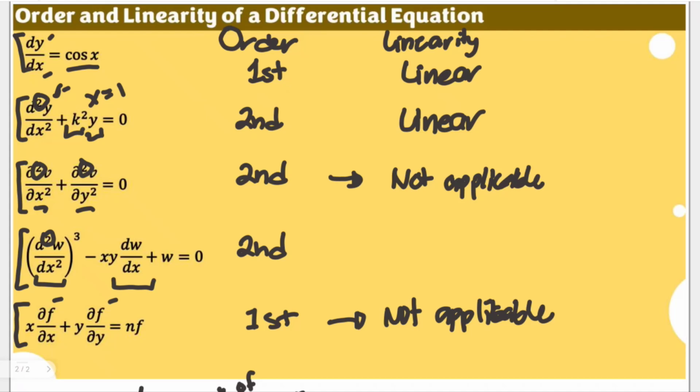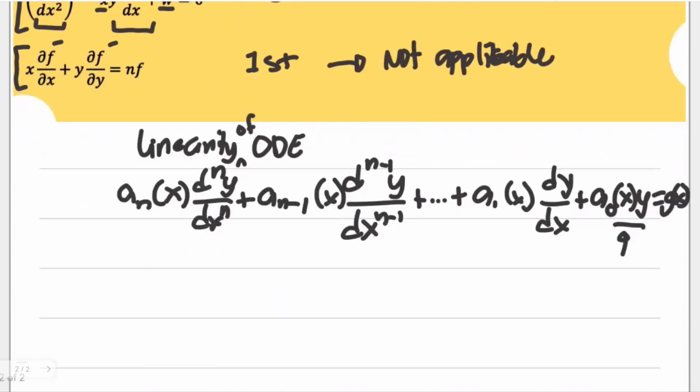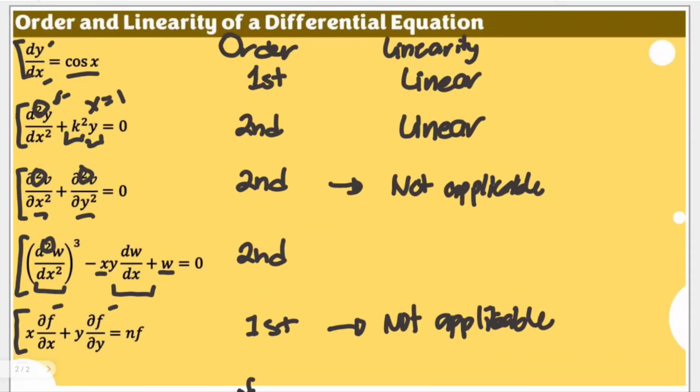So it's still linear. The third one would probably follow the same concept, and since we have x and y, you can take y as your parameter for this case, and you will have your w as the variable here. But since we have the presence of an exponentiation on the second order derivative of w with respect to x, this makes this expression not linear.